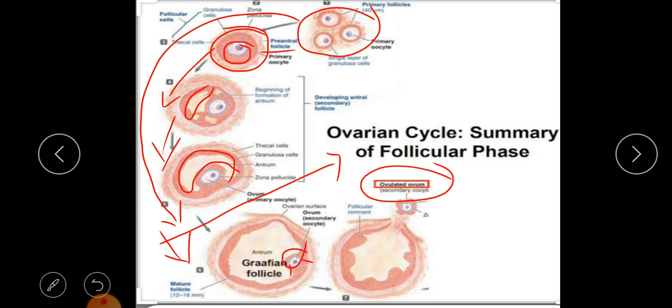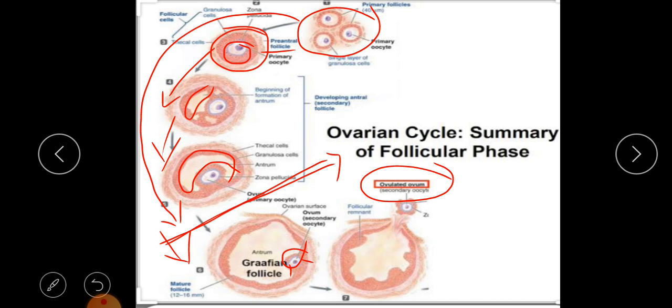Later, when it reaches puberty, that is in this stage, it restarts its function, that is, meiosis 1 will be completed in this stage, and it will form one secondary oocyte and another, a primary polar body. One will be the larger cell, which is the secondary oocyte, and the other is the small polar body that forms in this stage. That is the reductional cell division taking place, where the n number of cells are formed.